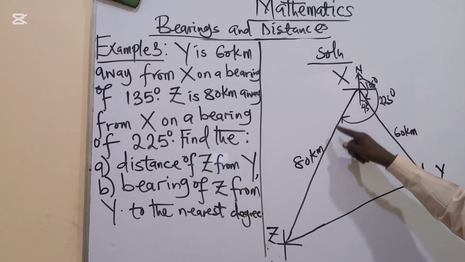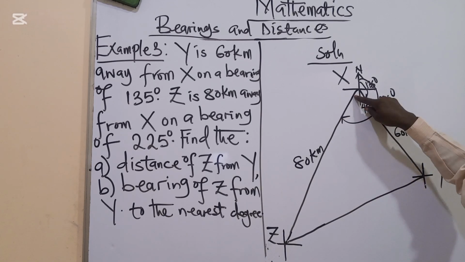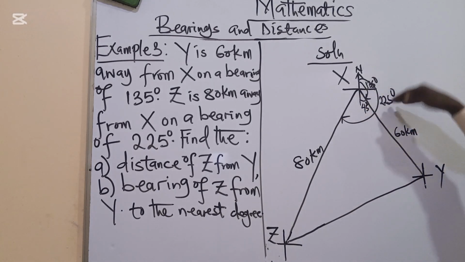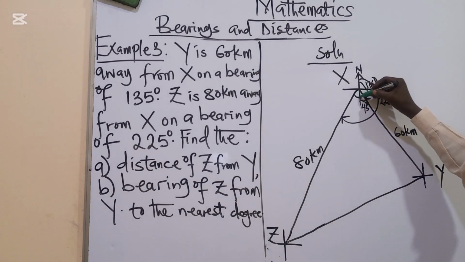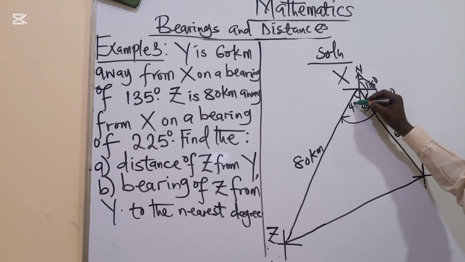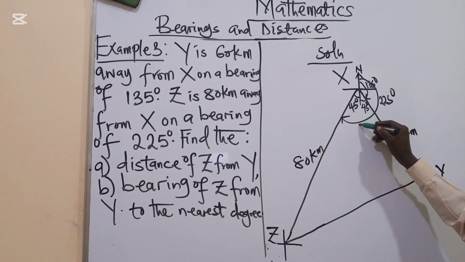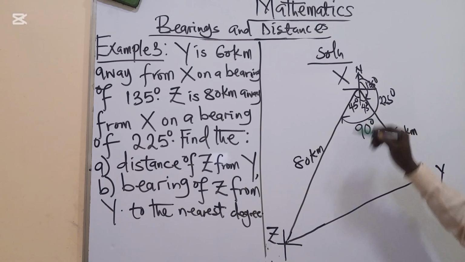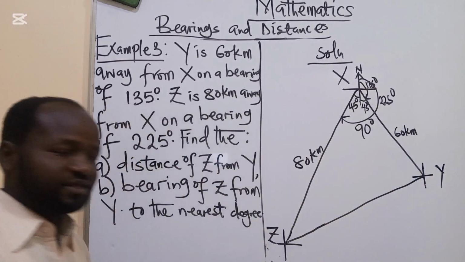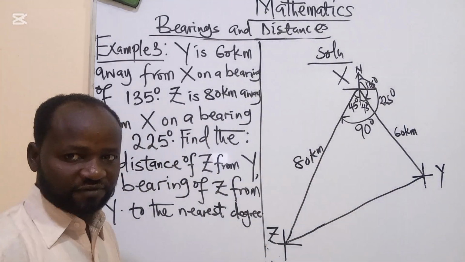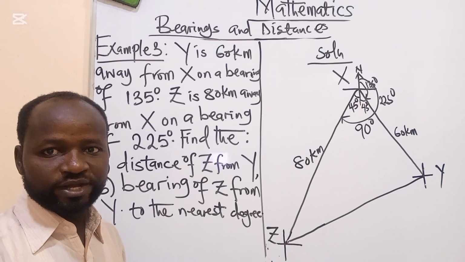So if I remove 180 from this 225, I will find this other angle here. 225 minus 180, of course, I'll get 45 as well. So here will be 45 degrees. You realize that if we add 45 plus 45, we have 90 degrees. So this will be a right angled triangle. Very important. Right angled triangle.